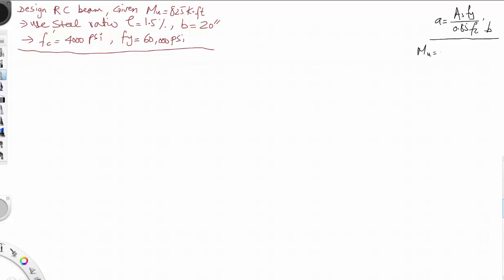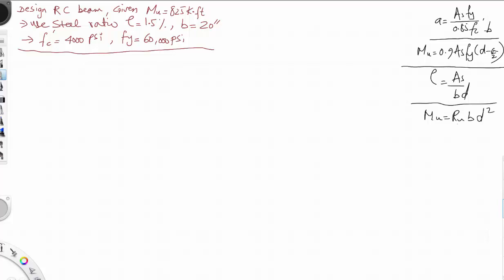Always these equations are used together: 0.9 As Fy (d minus a/2), and then the steel ratio is area of steel divided by b and d, and then we have Mu equal to Ru b d squared. And because this is already given to us, we're not going to use Mu equal to Ru b d cubed divided by 2. These are the equations that we need to put in front of us before we start to do any work.